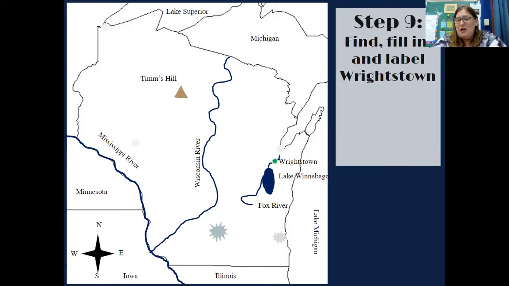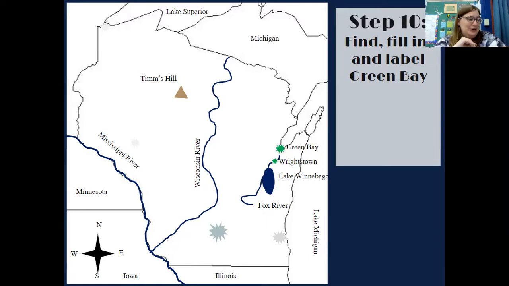You'll notice that it is smaller than the starburst that is directly above it, and that is Green Bay. The reason I made Green Bay bigger, you probably can guess, is that Wrightstown is a lot smaller than Green Bay. Green Bay is, of course, the home of one of the most famous sports teams to come from Wisconsin, and that is the Green Bay Packers.